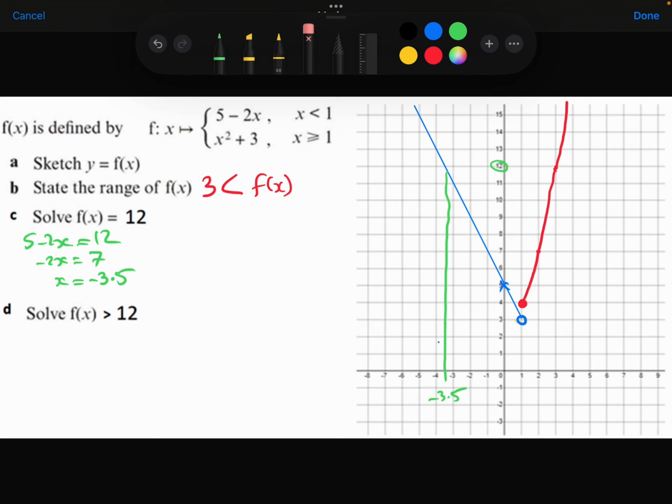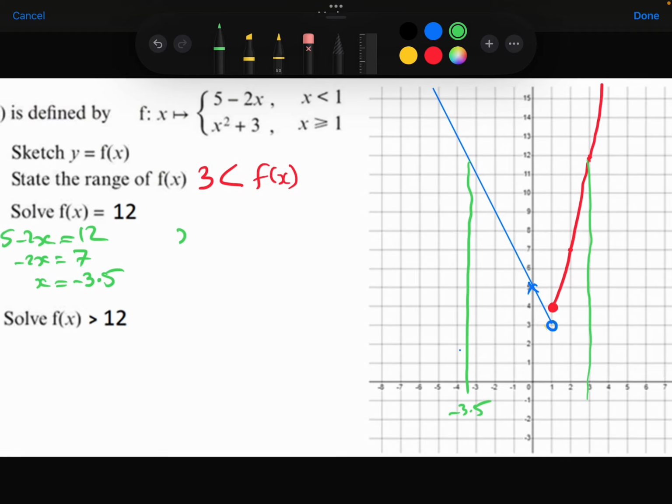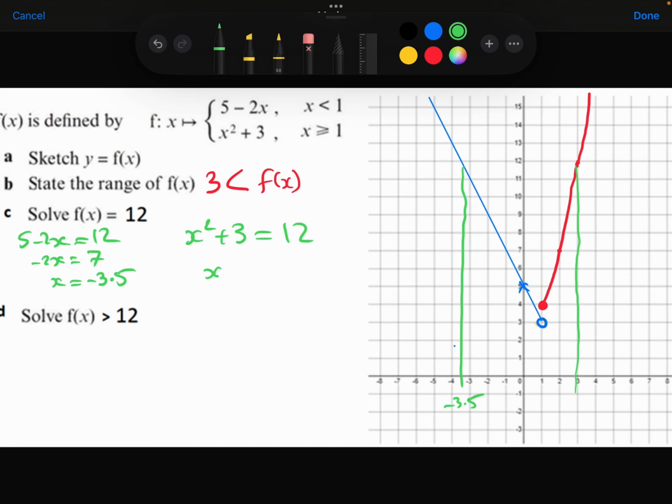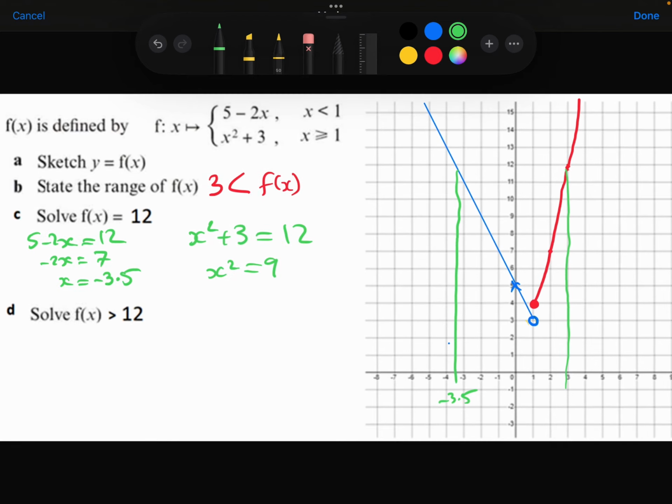What about the quadratic there then? Let's work out that value. It looks like it's 3 from my graph, but that was just a sketch. So let me solve this algebraically as well to be absolutely sure. So when does my quadratic x squared plus 3 equal 12? Subtract 3 from both sides, and we get x squared equals 9. Square root, and I get either 3 or minus 3.